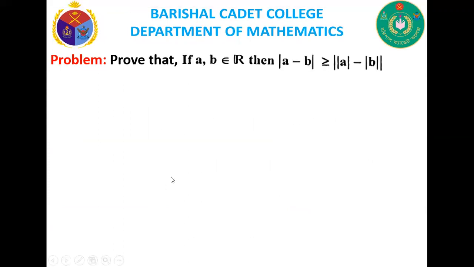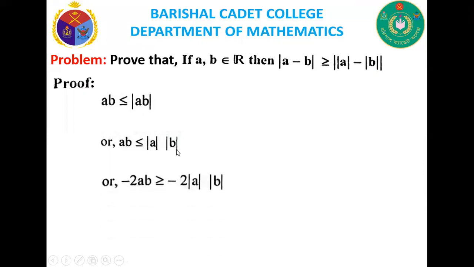Prove that if a, b belong to R, then modulus of a minus b is greater than or equal to modulus of a minus modulus of b. Let's start the proof. We know that for any real numbers a and b, ab is less than or equal to modulus of ab, which equals modulus of a into modulus of b.